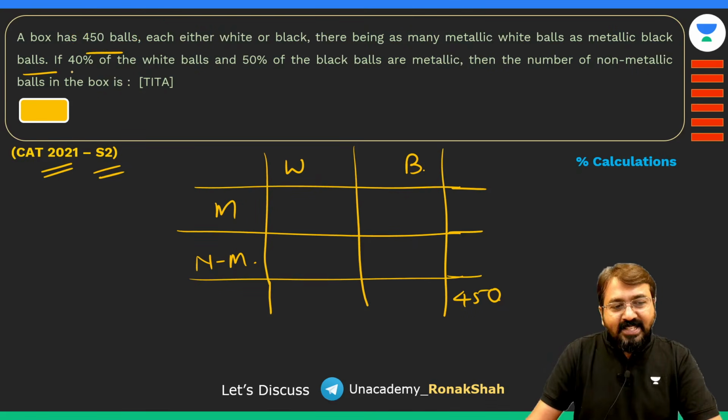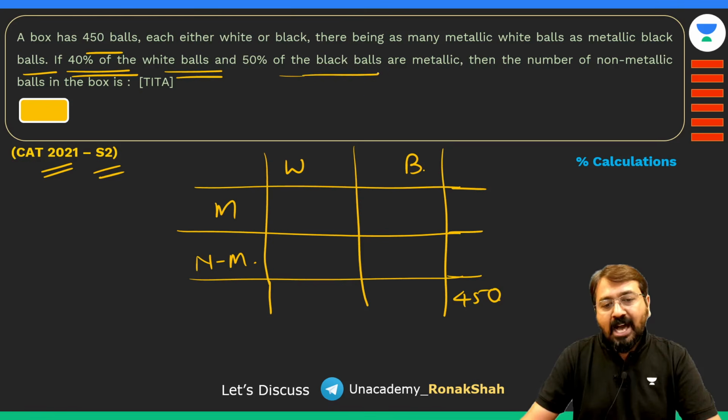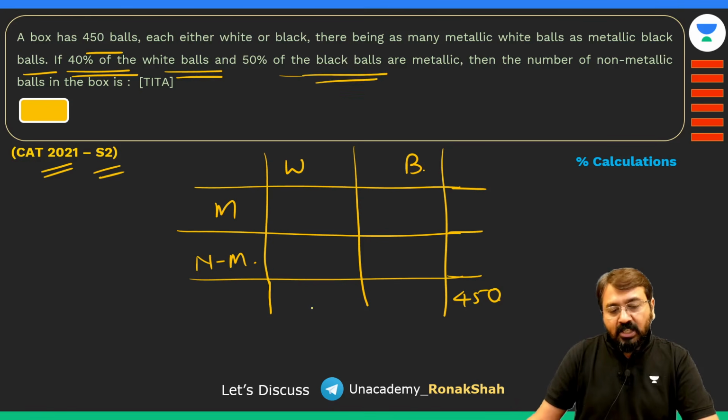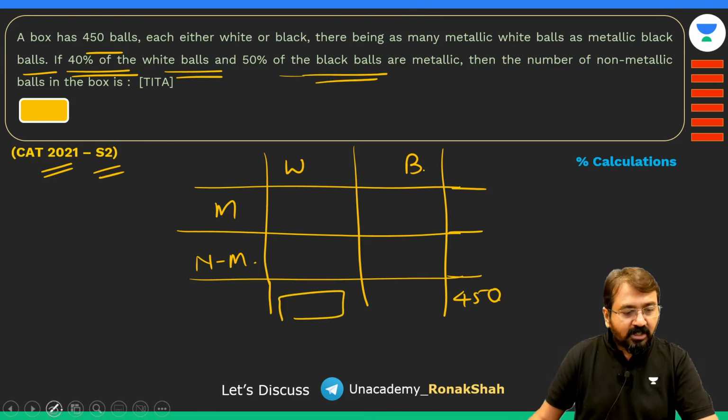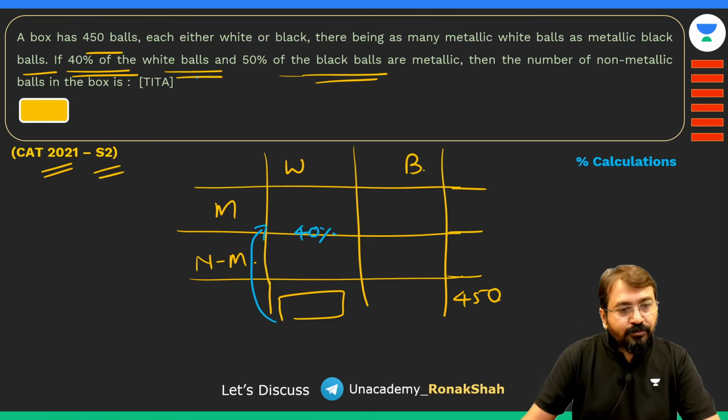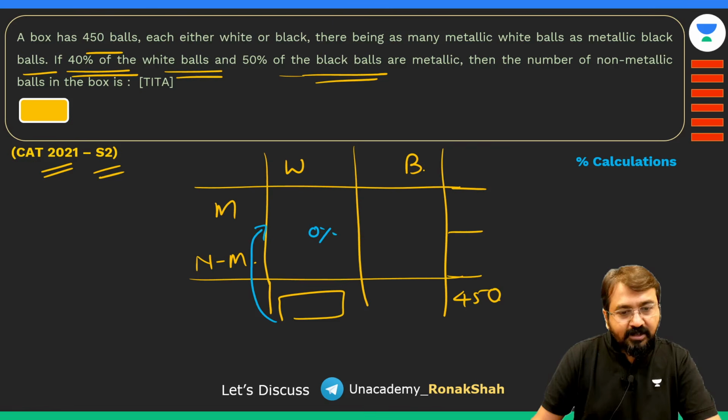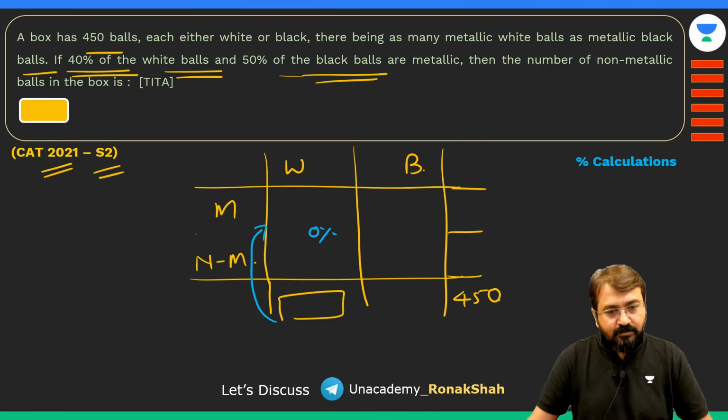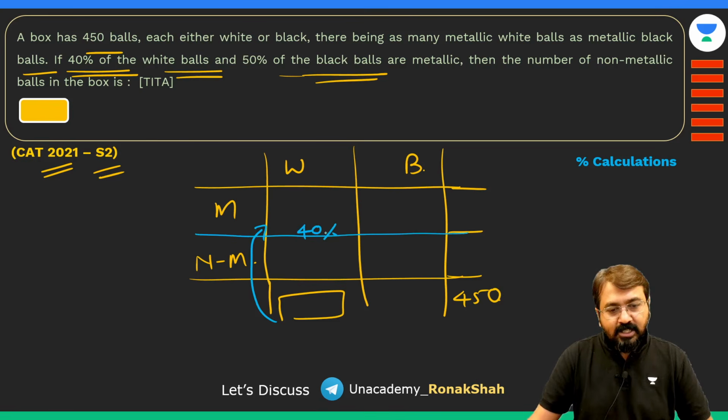So guys, now it says that 40% of white balls and 50% of black balls are metallic. Let me use a different color because I want to highlight a point. So 40% of white balls and 50% of black balls.